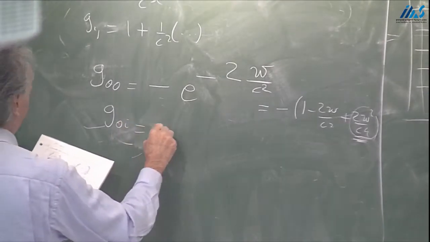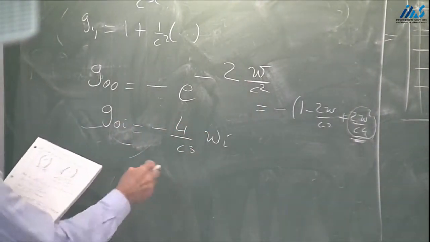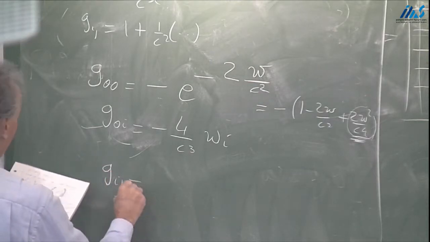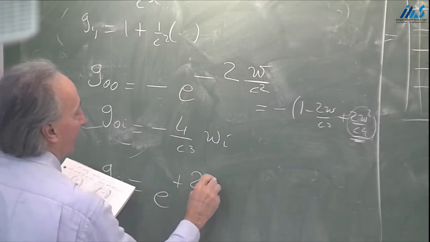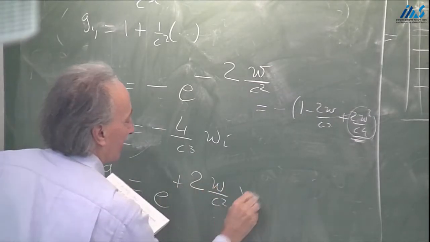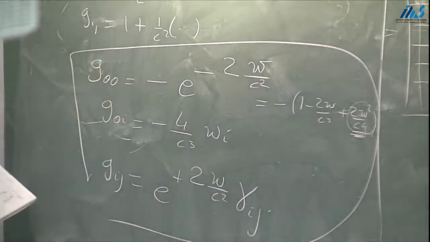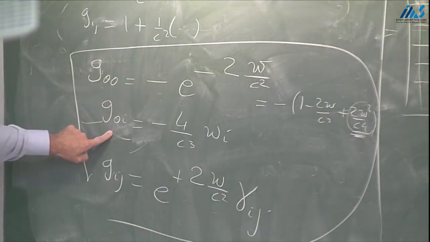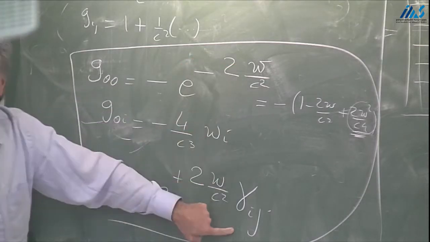G0i, you don't need to do much. You can just introduce some potential, vector potential. And then Gij, you put its prefactor as the same exponential, but with a plus sign. So it's a gamma ij. So you replace the components G00, G0i, Gij by W, Wi, and gamma ij. Okay?